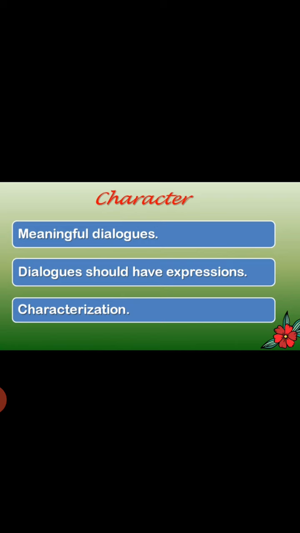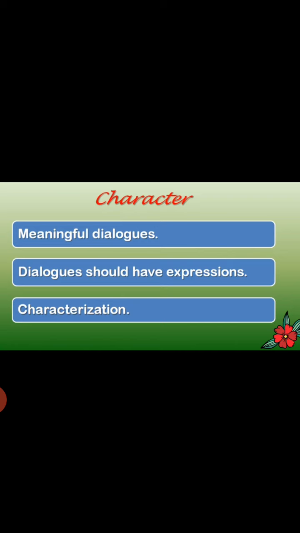Number one is character. Characters. The story usually has people, animals, and other living creatures. These are the characters. They must be based on real life or imaginative to give the story credibility.